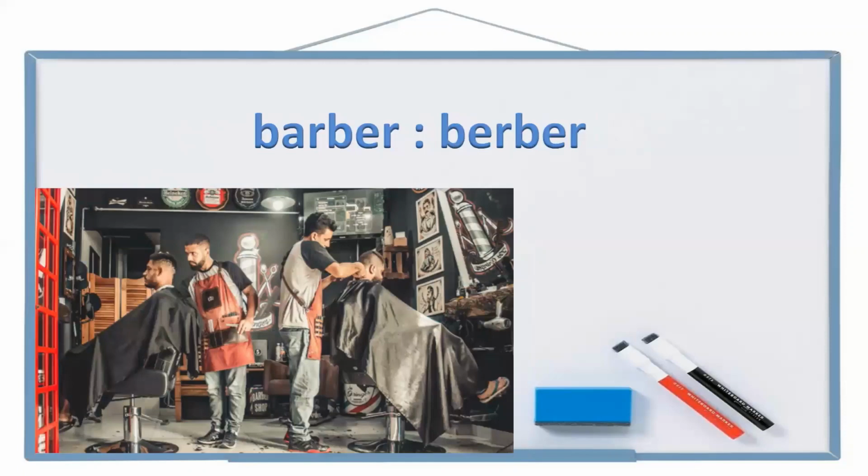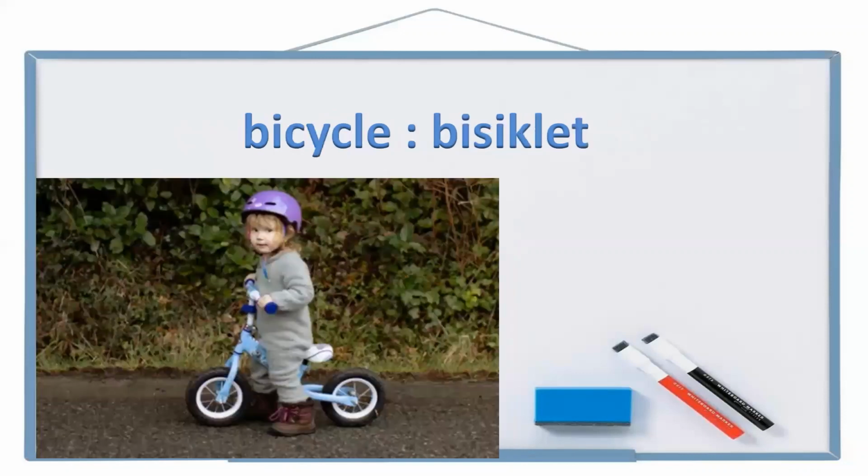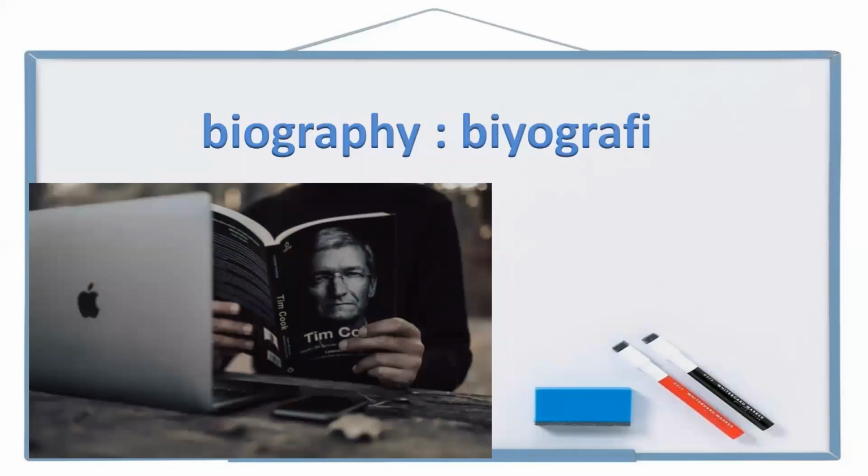Next one, barber, almost the same. Berber. One more time. Berber. Next one is bicycle. In Turkish, it is bisiklet. One more time. Bisiklet. All right. And biography, in Turkish, it is biyografi.